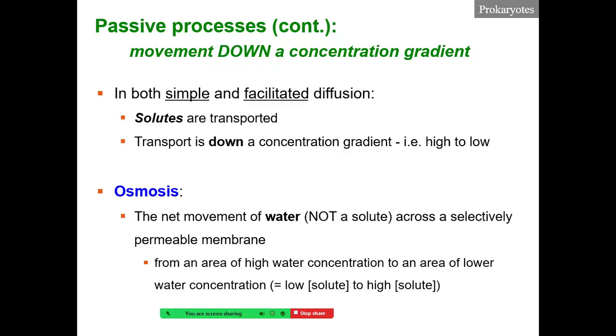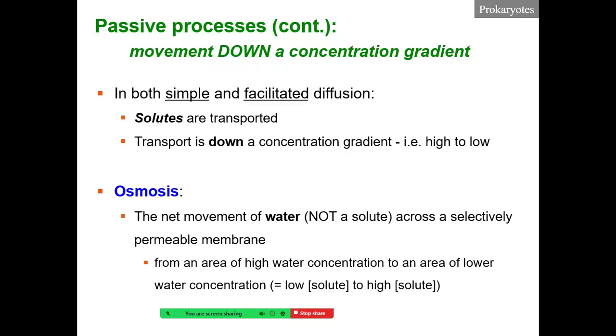And osmosis always involves a selectively permeable membrane. You do not have osmosis without a semi-permeable membrane. The same thing can be said with facilitated diffusion. You always have a selectively permeable membrane with facilitated diffusion.